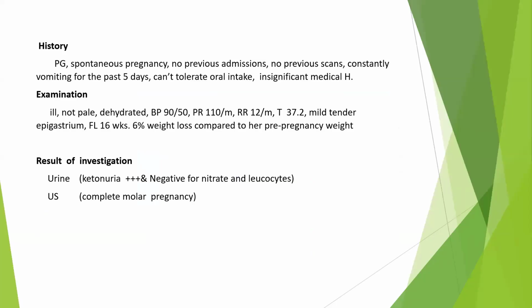You can have a quick read and tell me. Primary abdominal pain, spontaneous, no previous scan, constantly vomiting, ill, not pale, dehydrated, mild tender, 16 weeks, and 6% weight loss, hyperemesis gravidarum. The patient is having a pregnancy with hyperemesis gravidarum that is secondary to the molar pregnancy, and the ultrasound is showing molar pregnancy. Right. So could you tell me what will be the treatment of this patient?